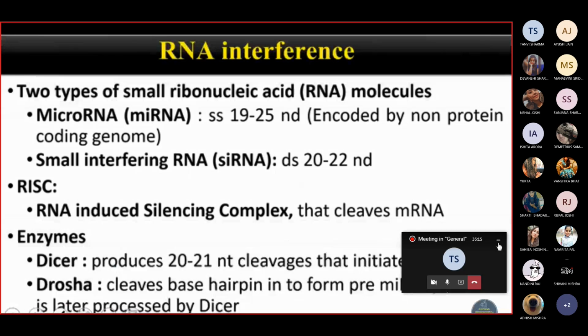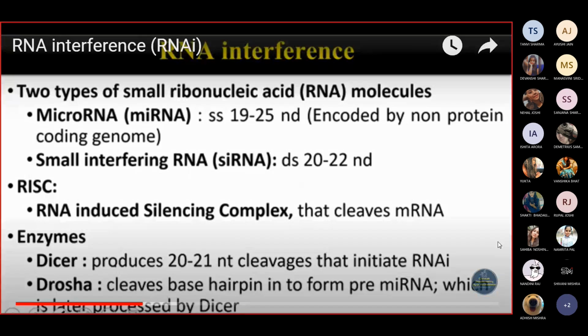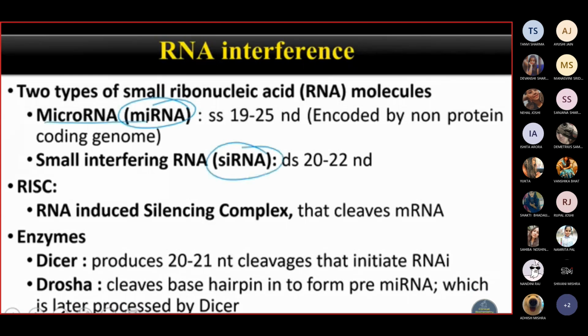The first two are the two small RNAs we are going to use, that is miRNA and siRNA: microRNA and small interfering RNA. Probably we studied these two RNAs when I was talking about RNA synthesis, the transcription process. At that time I had a table where different RNAs were there and the use of each: tRNA, messenger RNA, ribosomal RNA, siRNA, miRNA, then hnRNA.